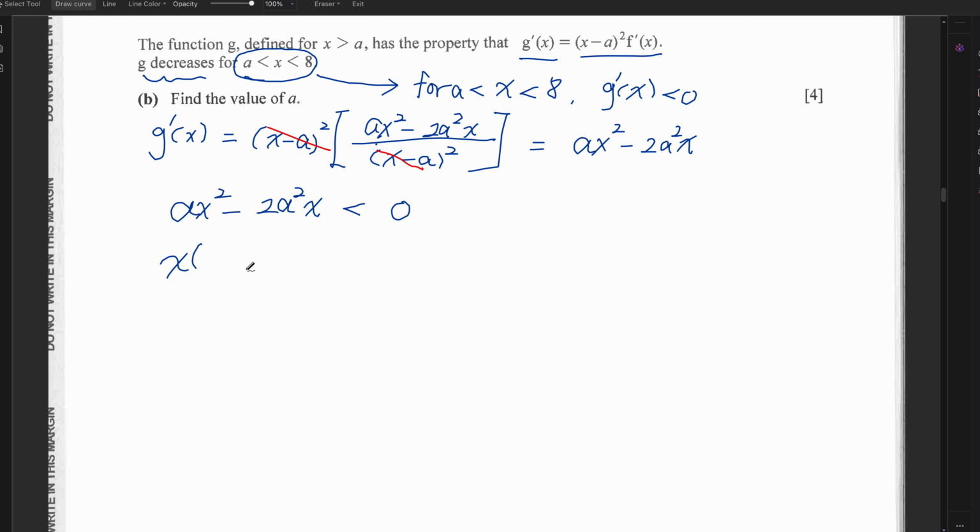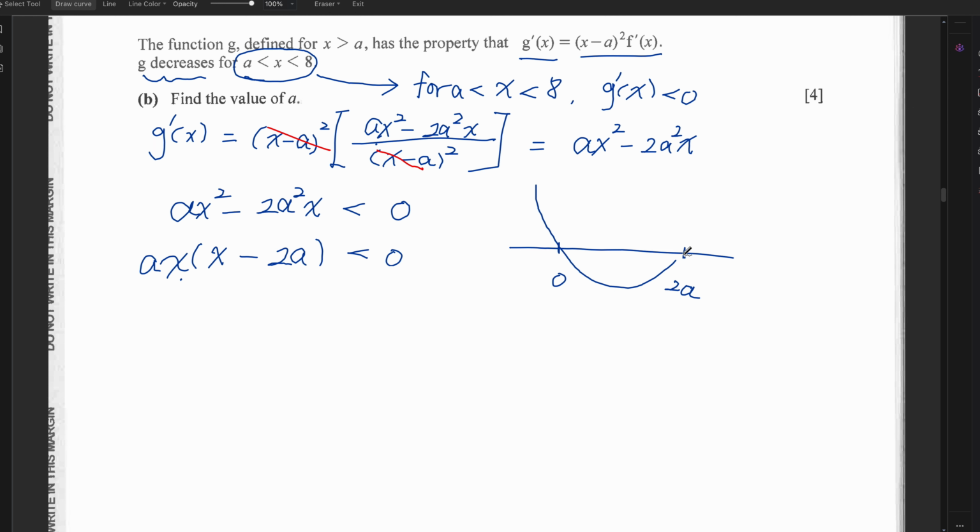If we are to do this, probably take out a, you have a times x times (x minus 2a) smaller than 0. So the critical values, and we know a is greater than 0, the positive constant, right? So we have two critical values for x. One is 0, the other is 2a.